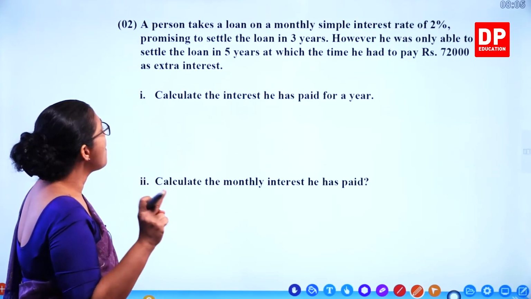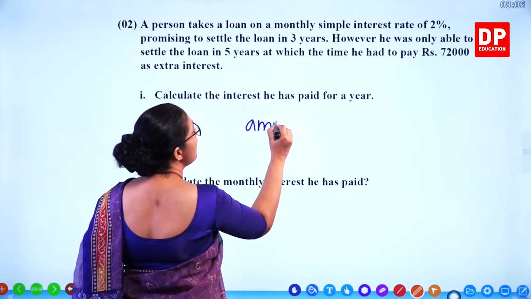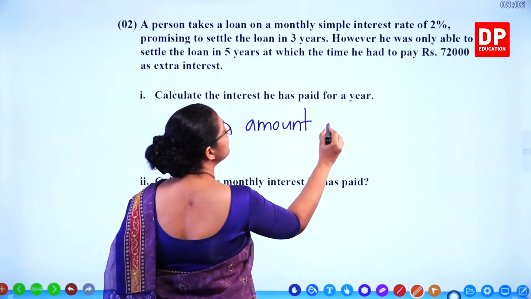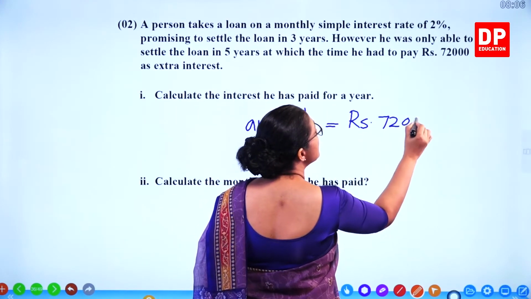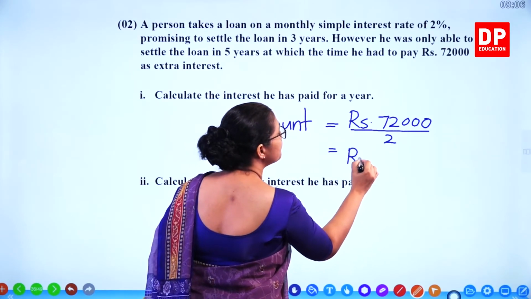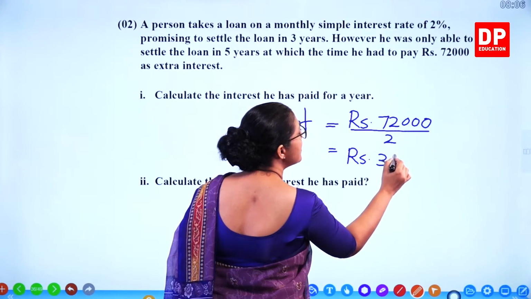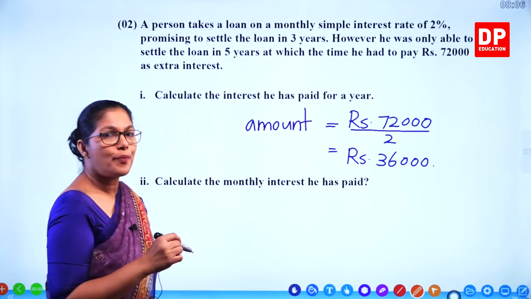So, what is the amount he has to pay for 1 year? You can divide by 2. So, 72,000 rupees divide by 2. So, for 1 year, he needs to pay 36,000 rupees.